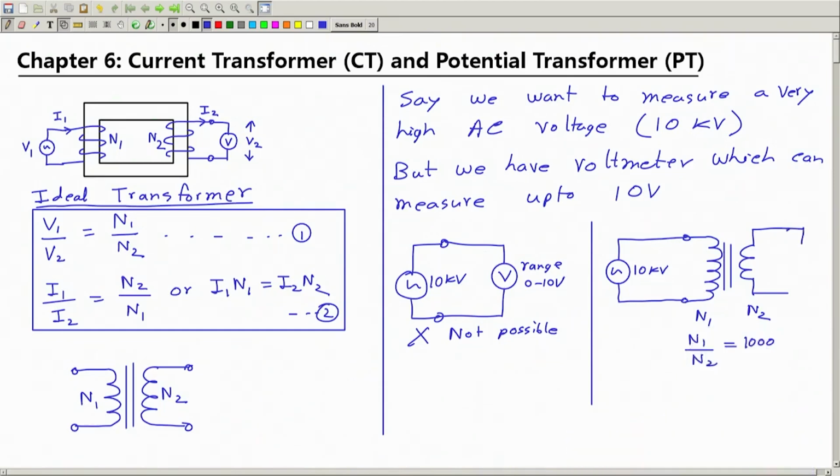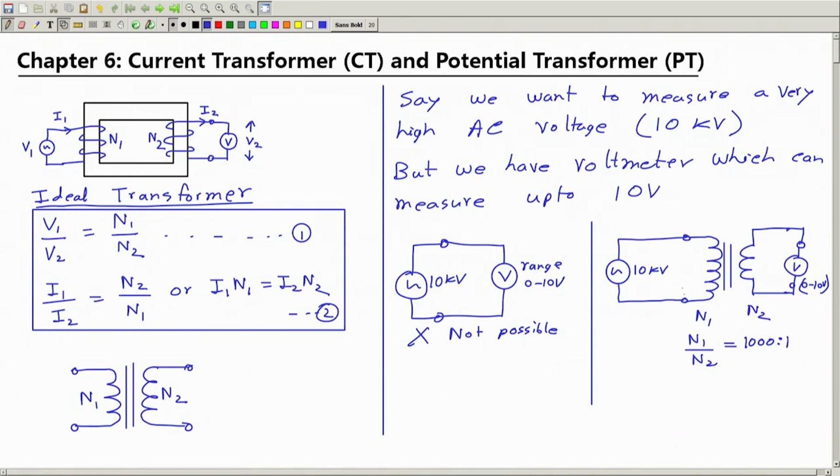And here we will connect the voltmeter. Its range is 0 to 10 volt. So, this voltage is 10 kilovolt, but this transformer is a 1000:1 transformer.